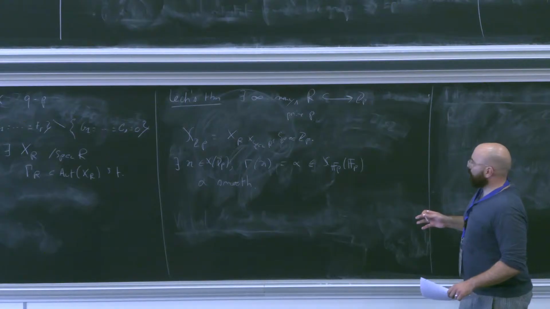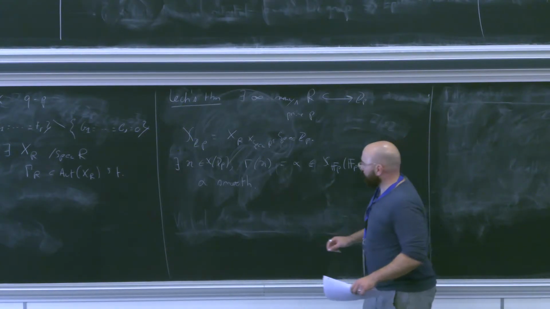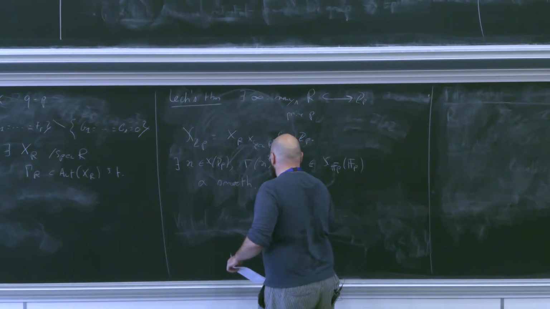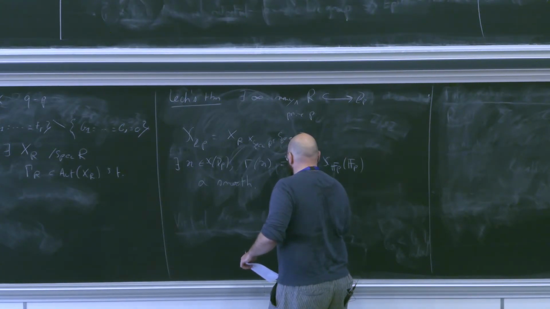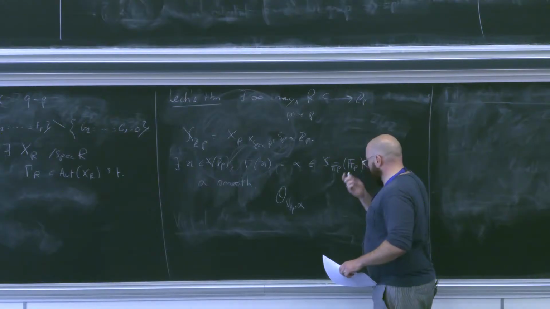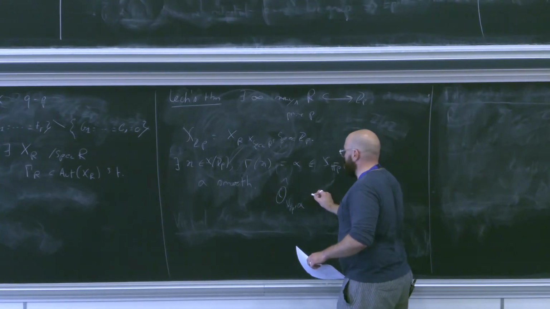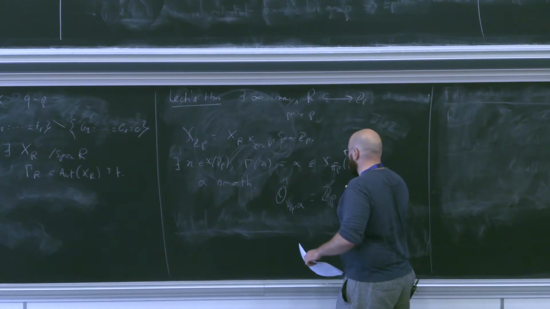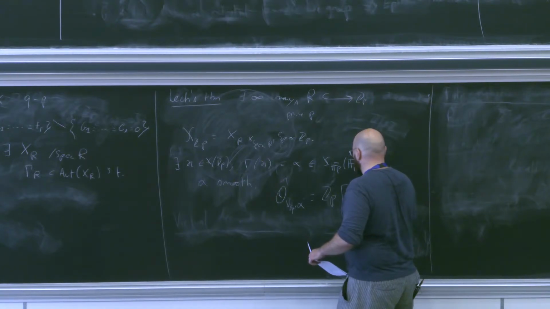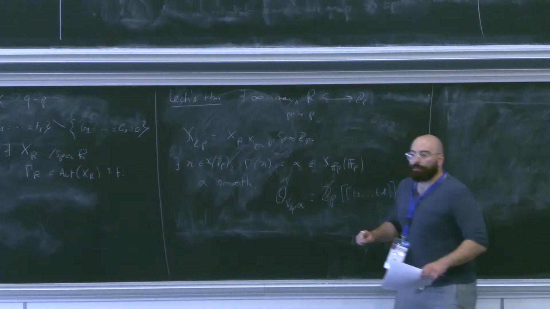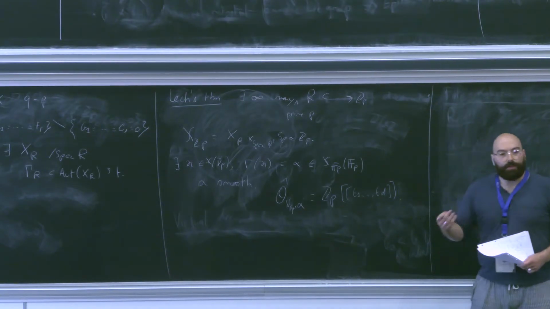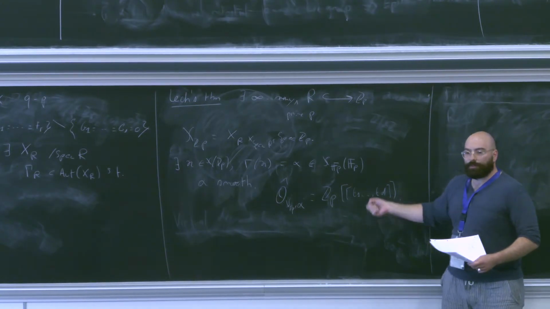Why? Because if you take such an alpha, and you look at the local ring at alpha and its completion, this is going to be actually a ring of power series in d variables. So that's how the power series come in when you start with your group.